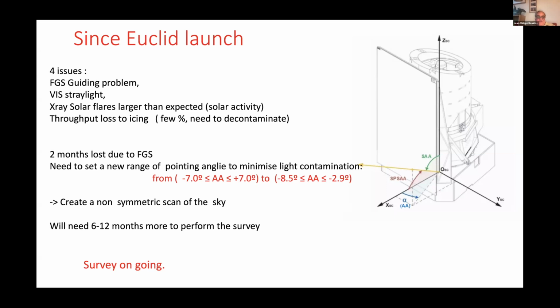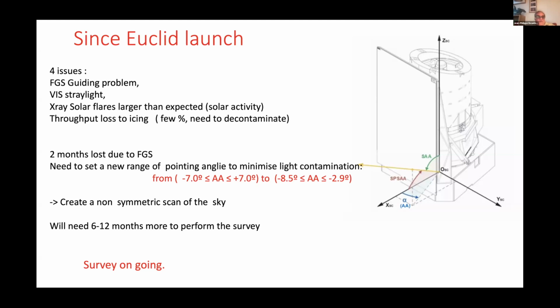Because of the new stray light problem, the range of pointing angle has changed, and is now between -8.5 and -2.9. So somehow it is creating an asymmetric scan of the sky, which is a bit more complicated in terms of scheduling. It means that to perform the surveys for cosmology, they will need slightly more time.